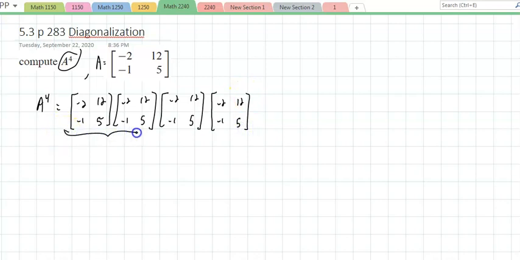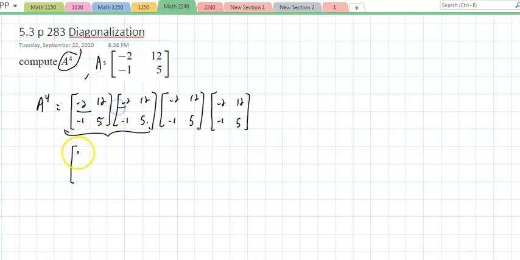So if I multiply those, that would be 4 minus 12, and 4 minus 12 is negative 8. And negative 24 plus 60. Well, you know what? Let me write them up.